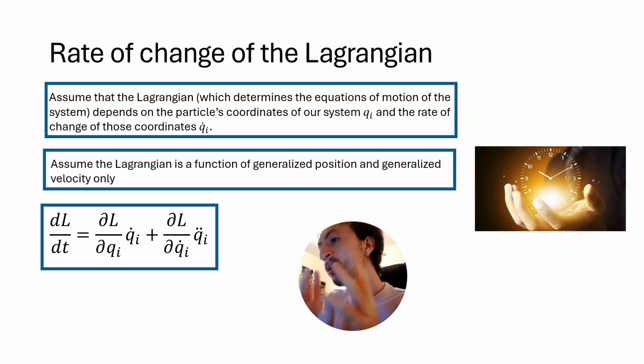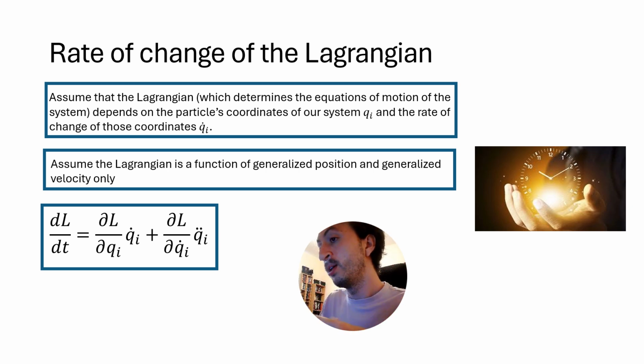Now, if we want to simplify this, and we will want to simplify this to introduce the idea of conjugate momentum and Hamiltonian, we can do that by combining the two terms we have, one which depends on Qi dot and the other which depends on Qi double dot, so if you like generalized acceleration, into a single term. To do this, there's at first seemingly a bit of a problem. One of our terms is a partial derivative with respect to generalized position.